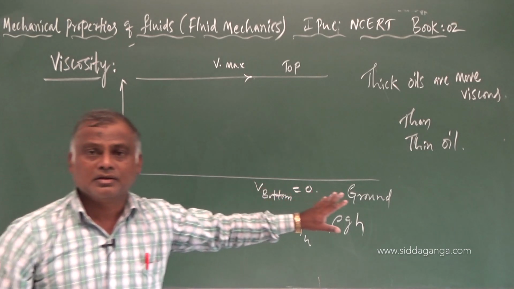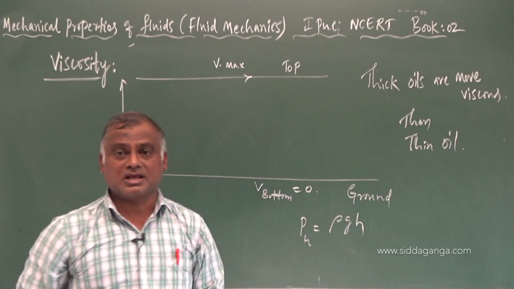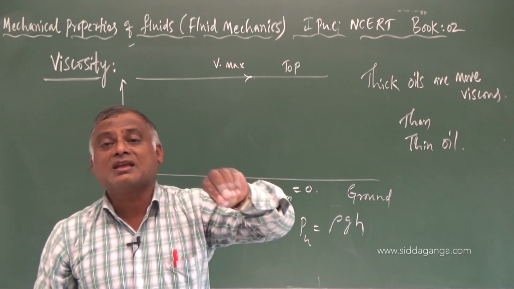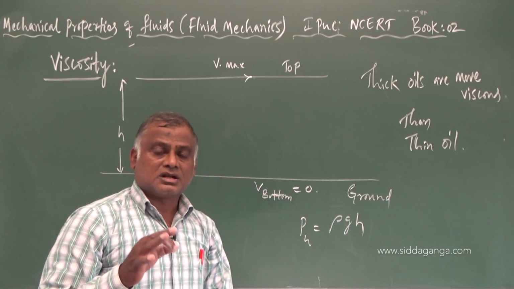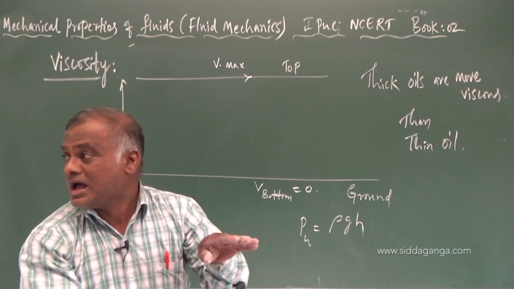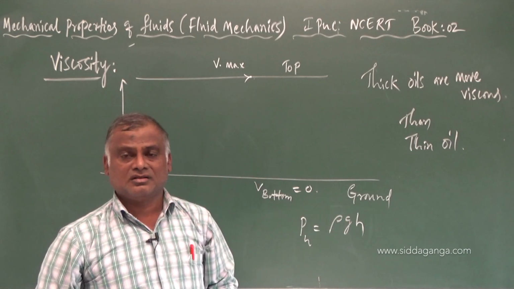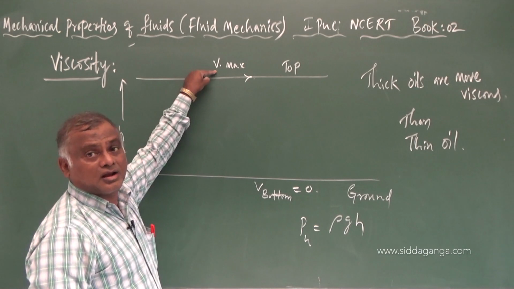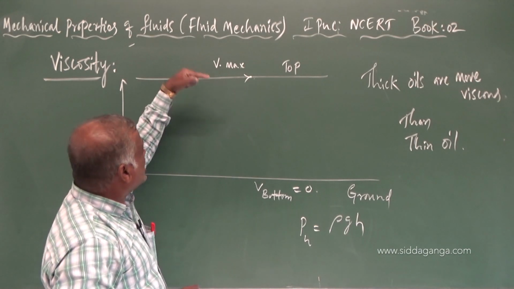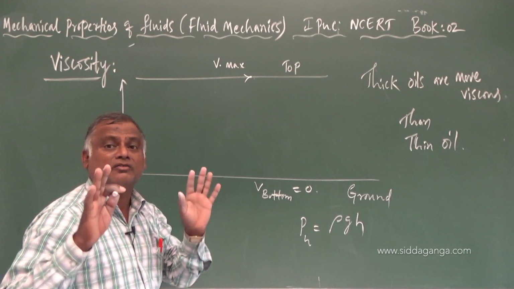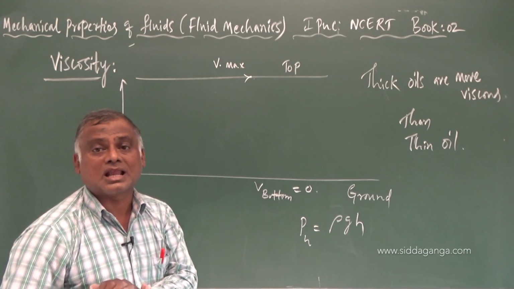This is what I meant in the previous explanation, assuming that the flow of fluid is a streamline flow. Streamline means one layer does not mix up with the other, and the velocity of the fluid remains constant for a given layer. That is what is called a streamline flow, or also a laminar flow.